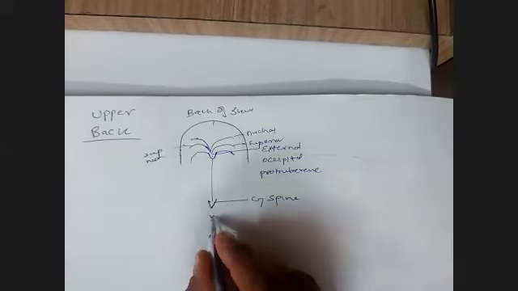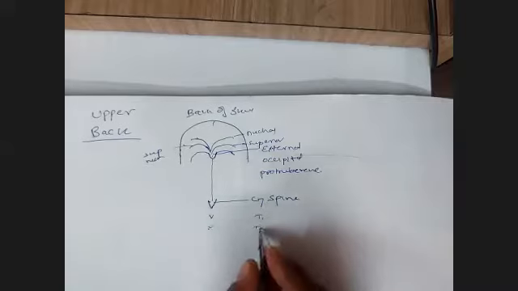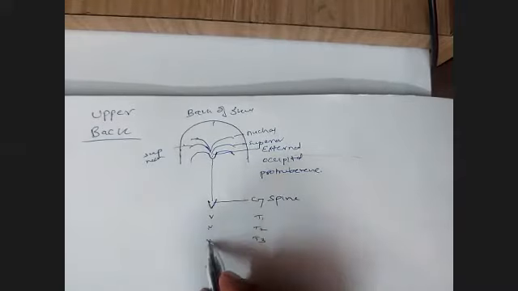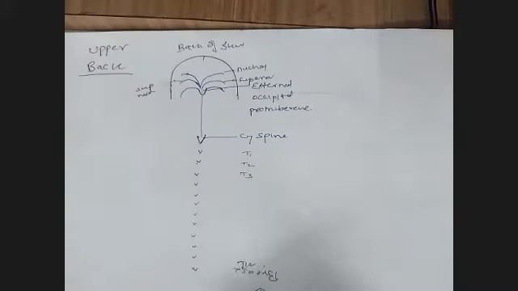Below that is the spine of T1, T2, T3, and so on, up to T12.